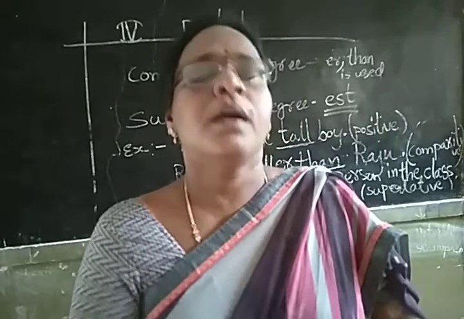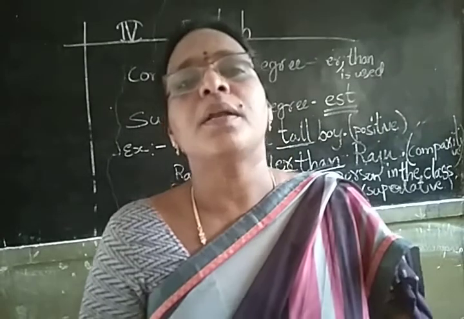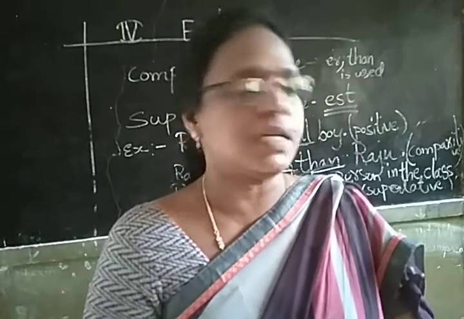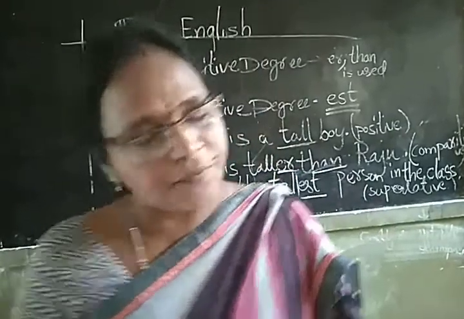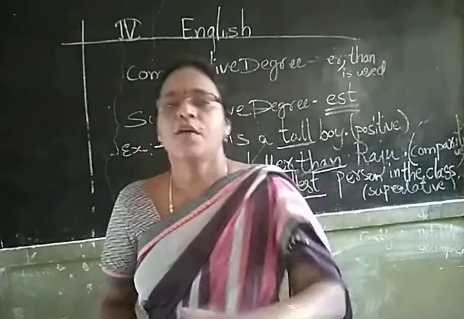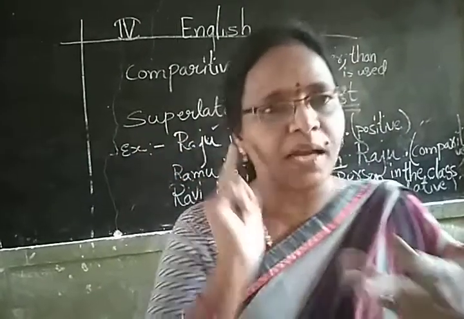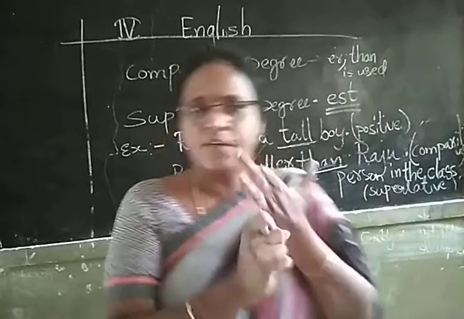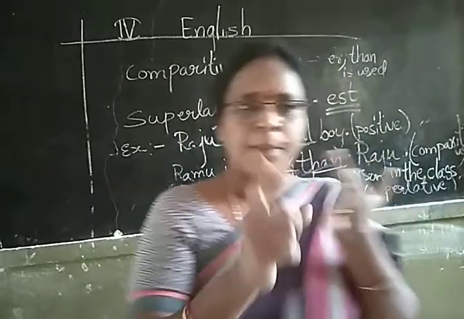Today's topic: degrees of comparison. Degrees of comparison are done with adjectives. How many types are there? 3. What are they? Positive, comparative and superlative. Positive degree, we will be talking about only one person.